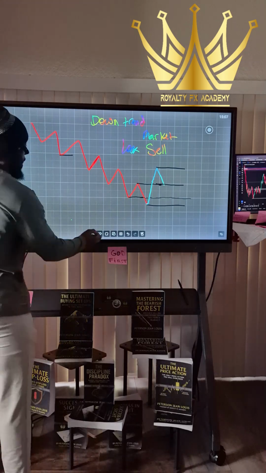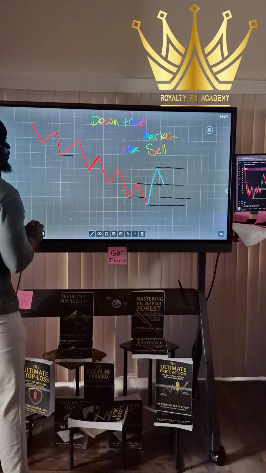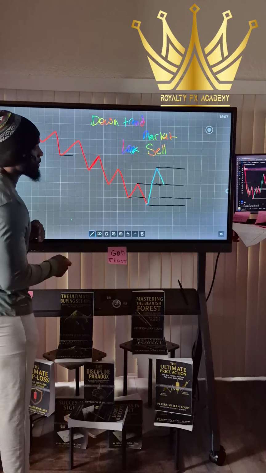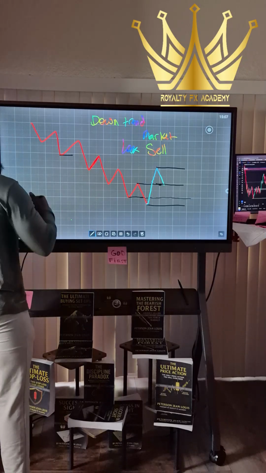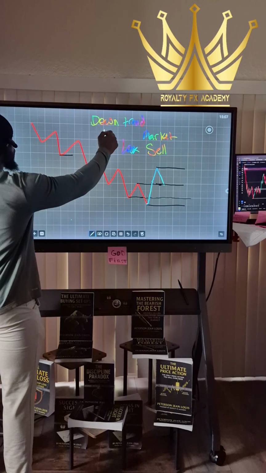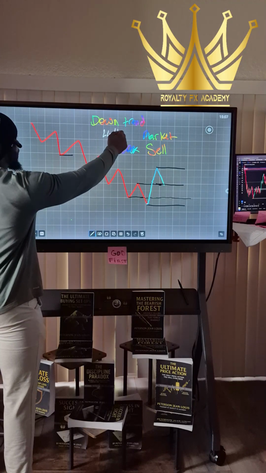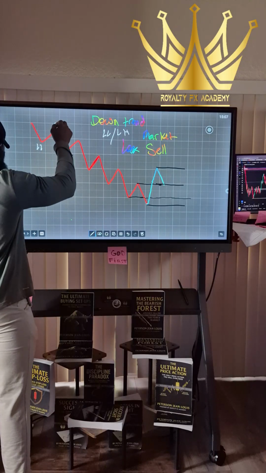So let's go ahead and put the little structures indicating what's what. That way we get a better understanding of our trending market. In a downtrend, we get lower lows and lower highs.